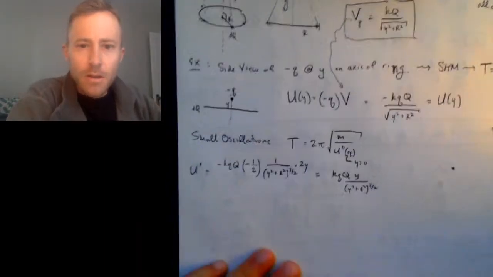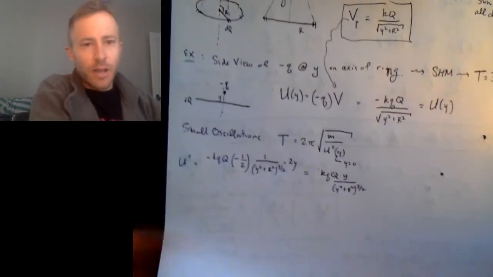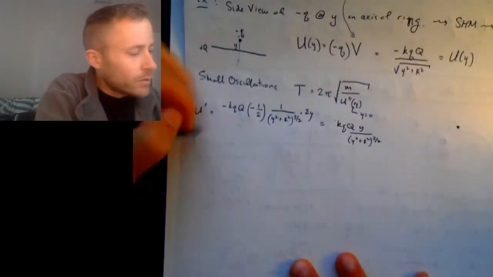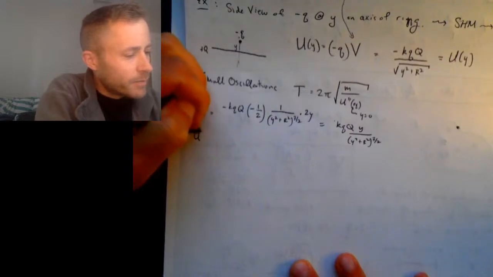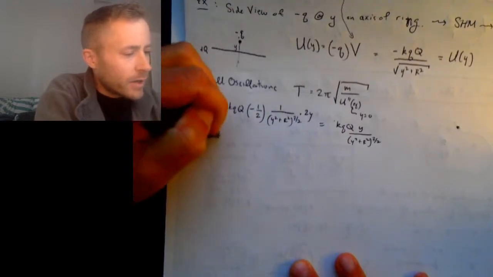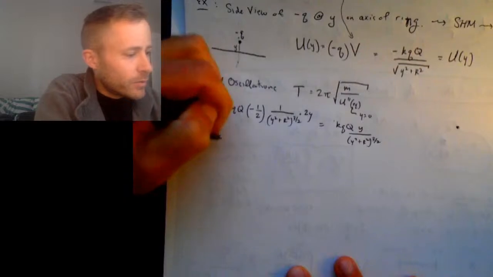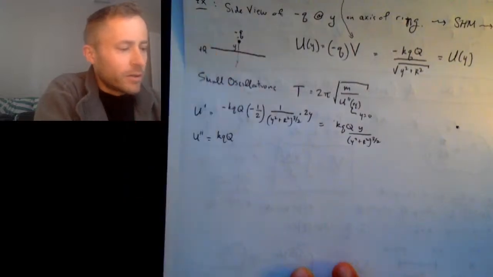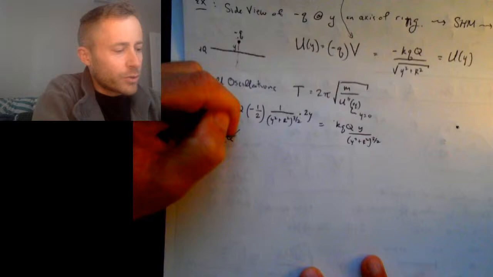Okay, so now I have to do the derivative again. This one's not going to be fun. K little q big Q. So now I have to do the quotient rule.